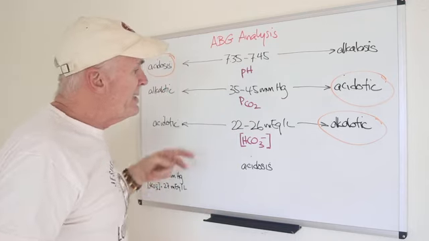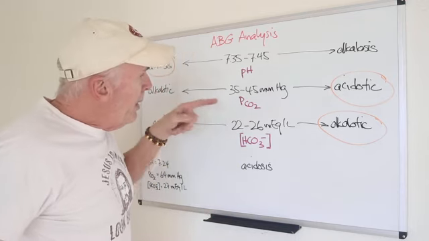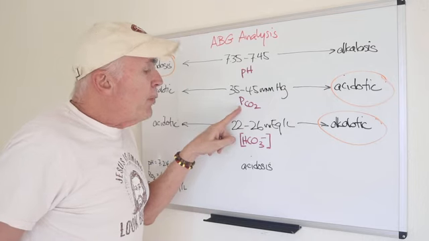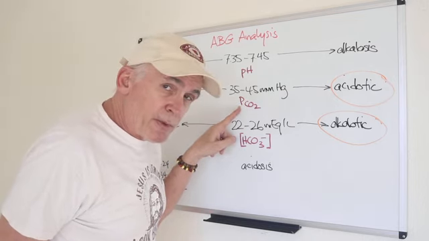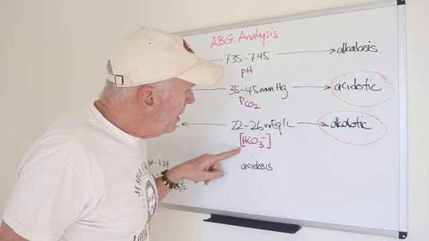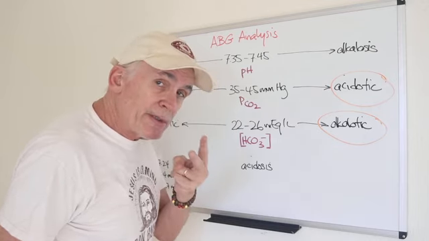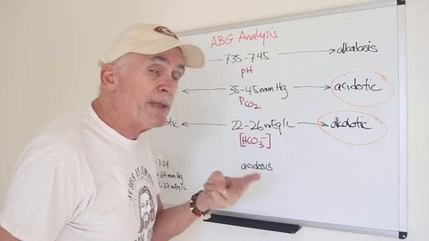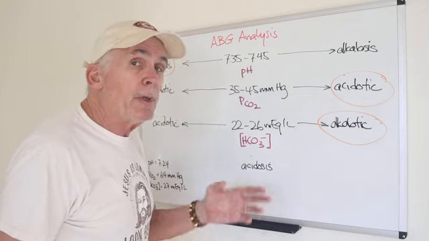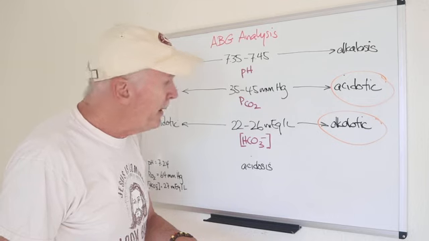Now remember, one last thing before we go any further. This is a measure of what your respiratory system is doing. This is a measure of basically what your urinary system is doing. Remember the two organ systems that can control your acid-base balance? Respiratory and urinary, okay?